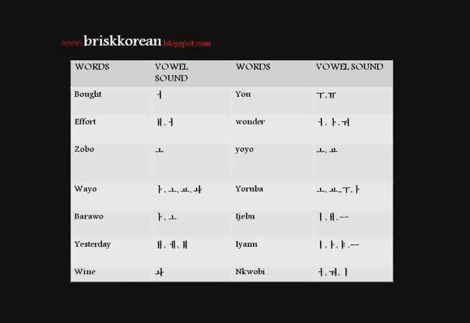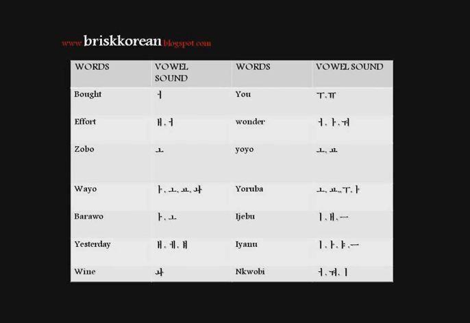Next we have zobo, and we have o sound in two places. Next we have wayo. You see how short this word is, and it has so many sounds. Wayo. Okay, so we have the a sound, the o sound, the yo sound, and the wa sound.